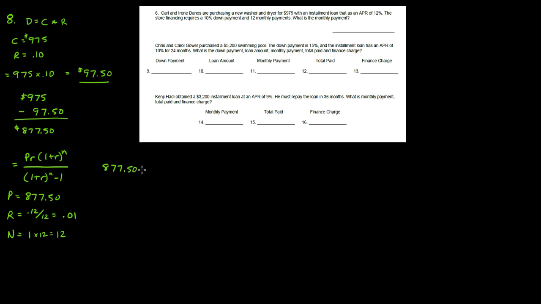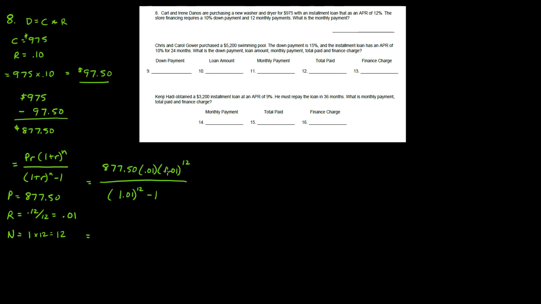I'll plug this information into my formula, and it'll look like this: 877.50 times 0.01. 1 plus 0.01, or 1 plus R, would be 1.01. My N is 12, all over 1.01 to the 12th power minus 1. So now I'm going to find my exponent, 1.01 to the 12th power.